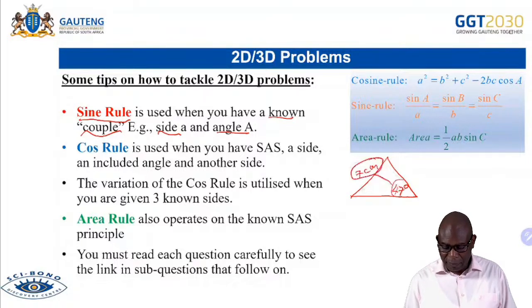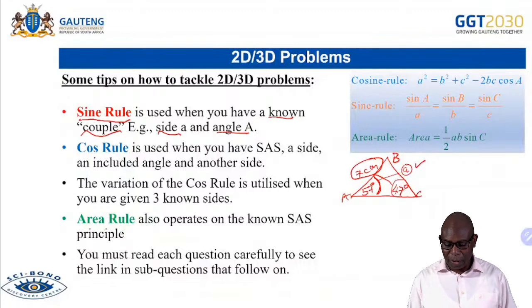Then I've got another angle there, maybe 57 degrees, and I don't have this side here. I can get that side because this angle does not have its partner there. So I can use the sine rule. I can say sine this over that equals sine this over that. Can you see I've got one unknown, so I can calculate it.